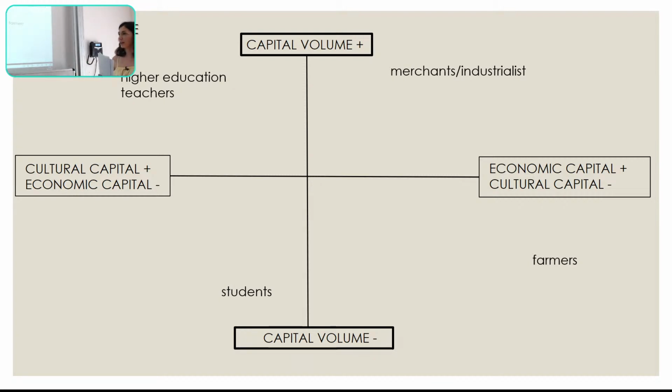And that's also why people on the lower side don't have a lot of economic capital or cultural capital: they struggle to build cultural capital because they're so busy maintaining their work, getting food, and feeding their families.